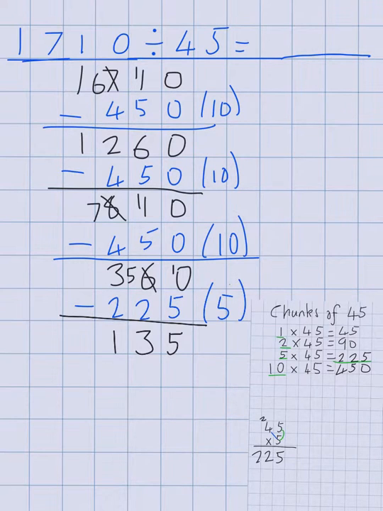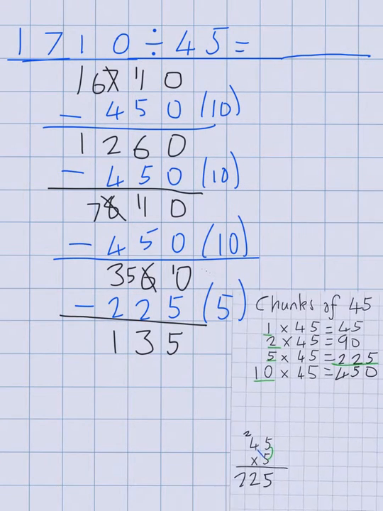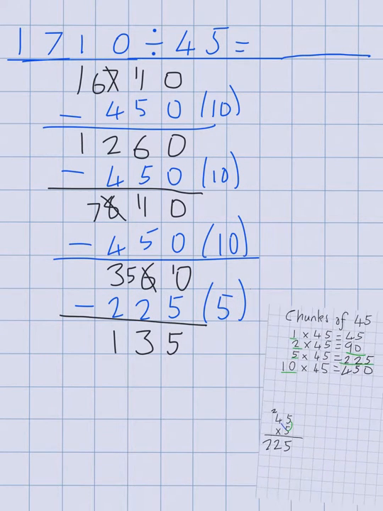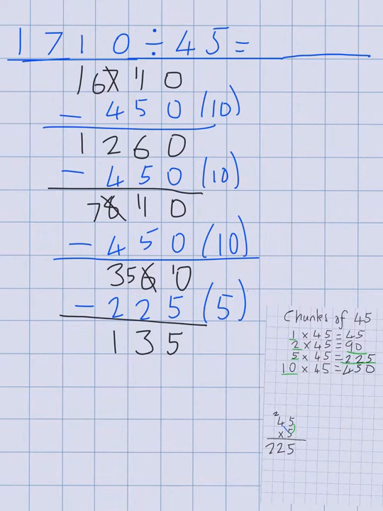Now I have another decision to make. So I go back to my chunks, look a little closer. I can see that I can't take away a chunk of 10. I can't take away a chunk of 5. But I can take away a chunk of 2 times 45, which is 90. So that's my next step. I'm going to take away a chunk of 2 45s, which is 90. And I'm going to record it in brackets that's 2 multiples of 45.